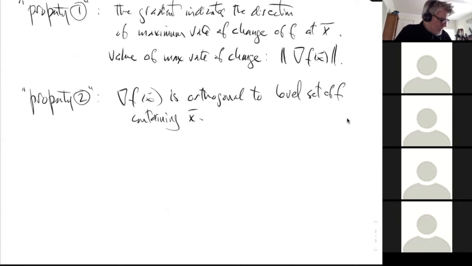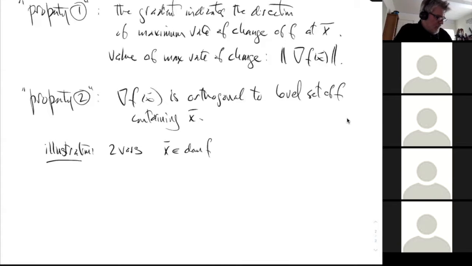So here's an illustration of this. Let's say we have 2 variables, so f is a function of 2 variables. You take some point x bar in the domain of f. So let's say x bar is here, okay?